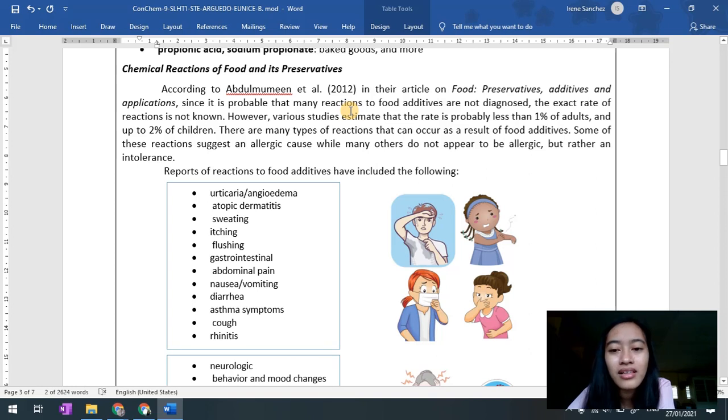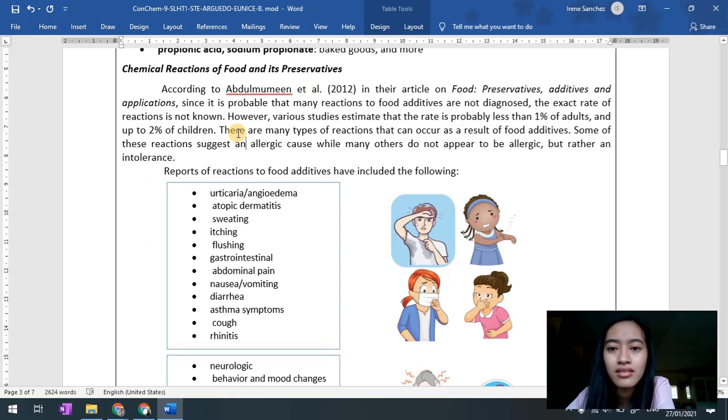So if we have some reaction to food preservatives, some of them are not known. However, various studies estimate that the rate is probably less than 1% of adults and up to 2% of children.